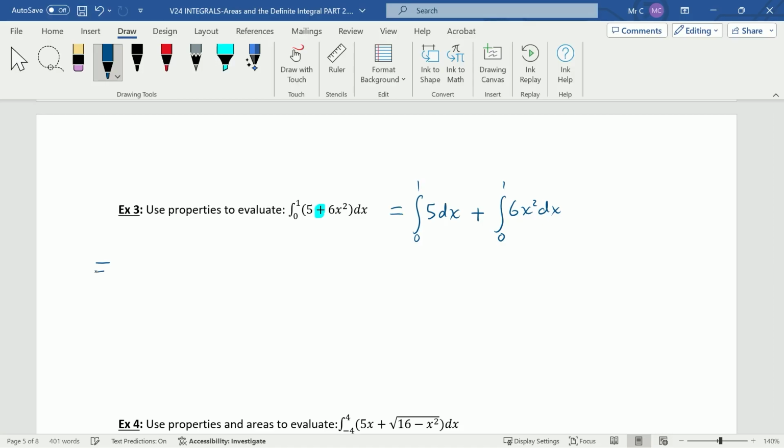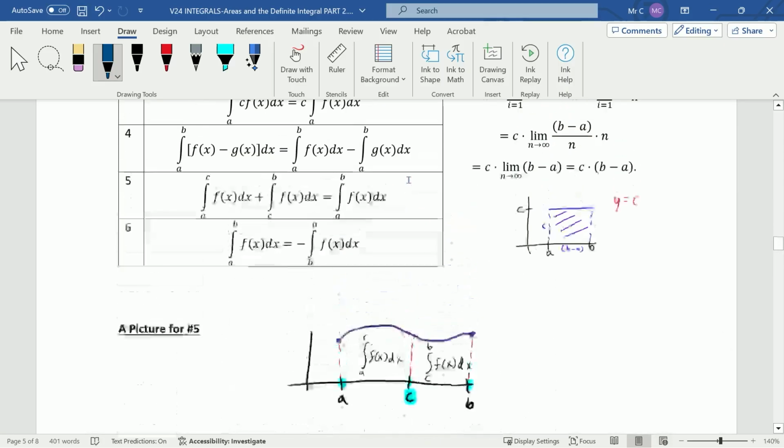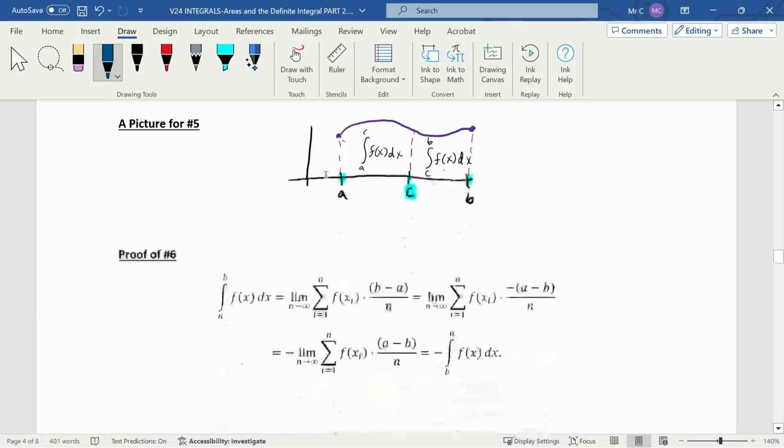And what else can I do? Well, I have a constant multiple here, 6. I can pull that in front. And this first integral is 5 times (1 minus 0). This was property 1.